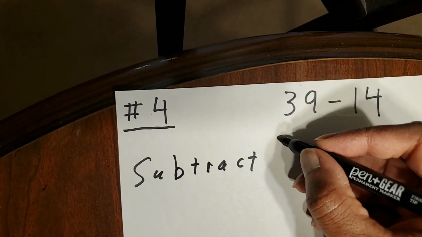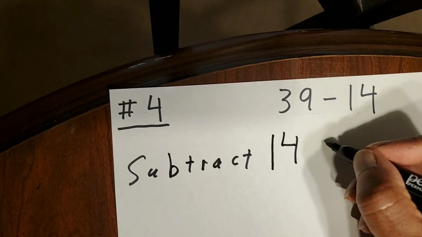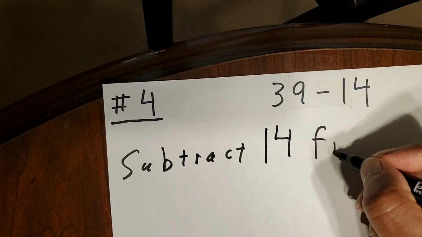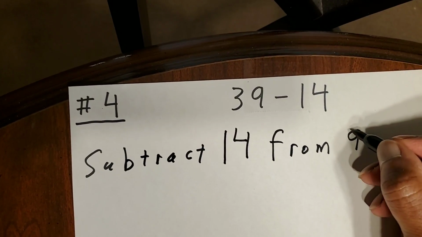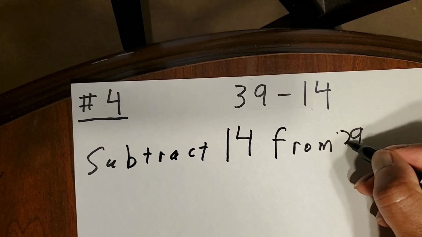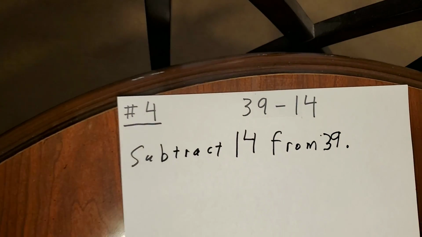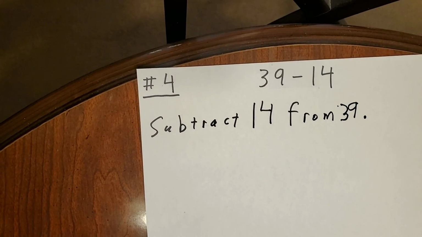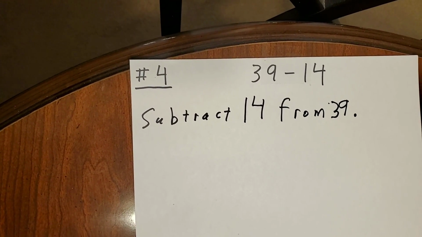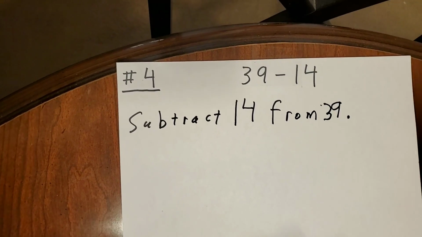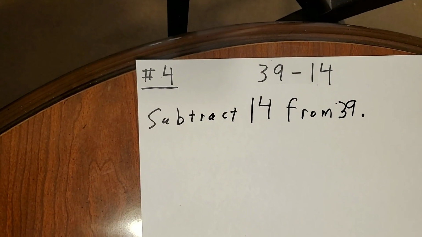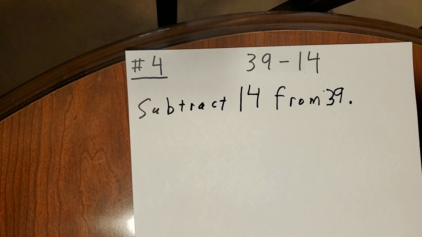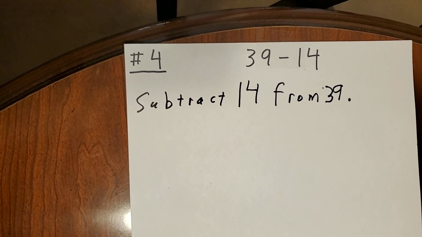So if I start with the word subtract, I'm going to write subtract 14 from, what am I taking this 14 from? I'm taking away from 39. So I could say 39 minus 14, or I could say subtract 14 from 39. Why? Because I'm taking this 14 away from that 39. So I wouldn't say subtract 39 from 14. I would say subtract 14 from 39.